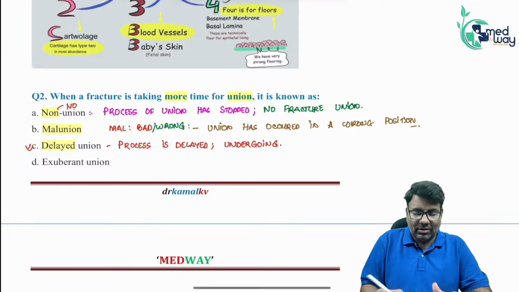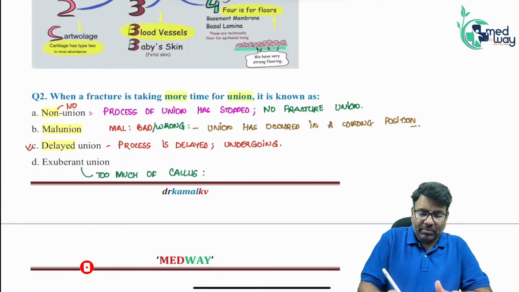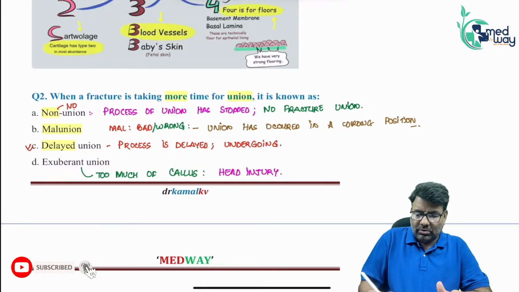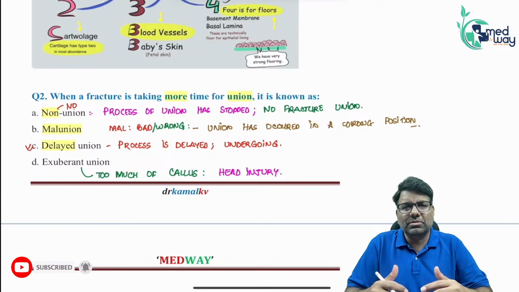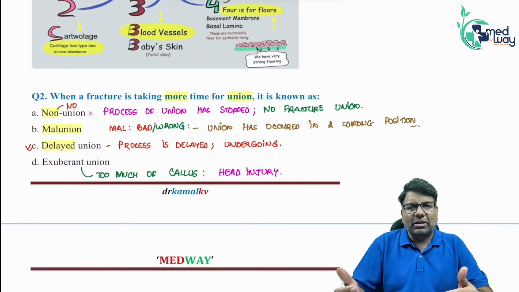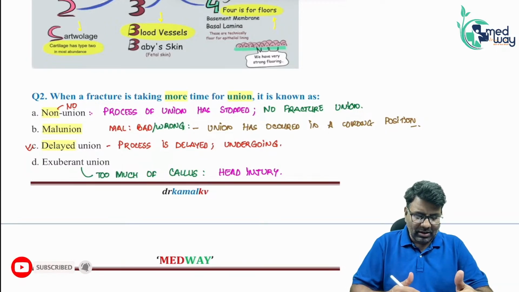And exuberant means too much callus, and here it is usually seen in cases of head injury. So the callus is too much, so that is known as exuberant union or exuberant callus, right? So anyway, that's not a problem for us.